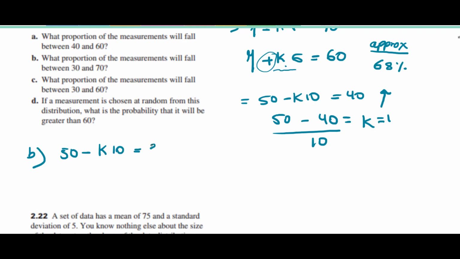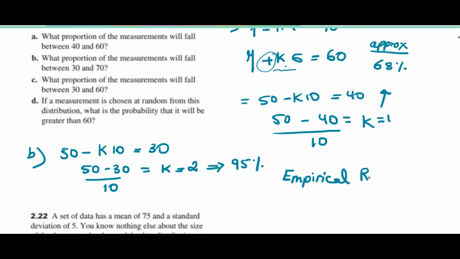So you're going to do 50 minus 30 equals 20, divide this by 10, which gives you 2. So 2 standard deviation units away from the mean, we learned, is 95% of the data set through the empirical rule. Then you just do the same for the others as well.